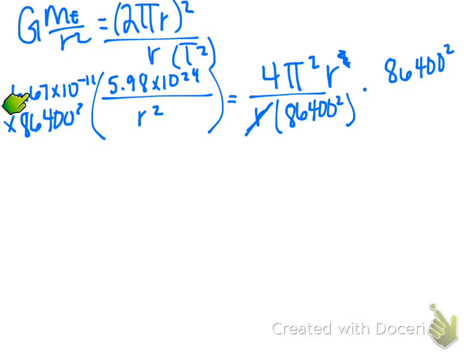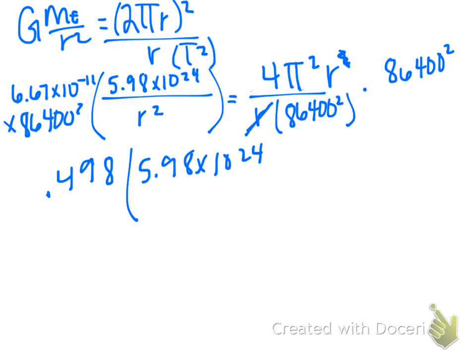So these two combined, 86,400 squared times this, gives us 0.498 times 5.98 times 10 to the 24th over r squared equals 4 pi squared r squared, because this is done over here.